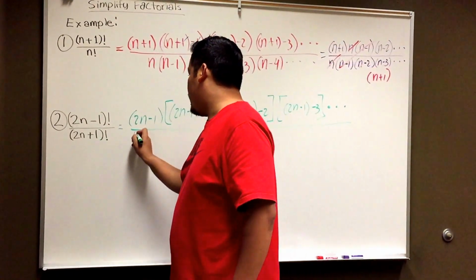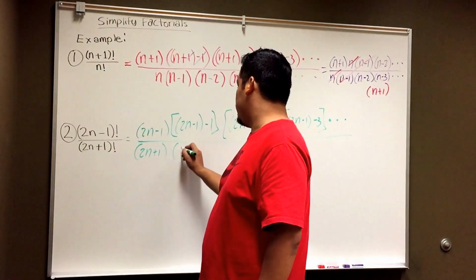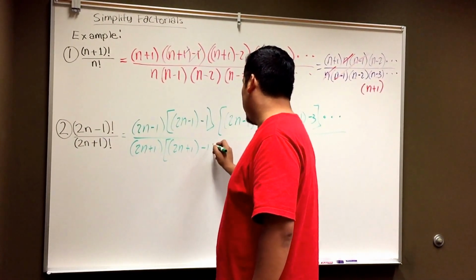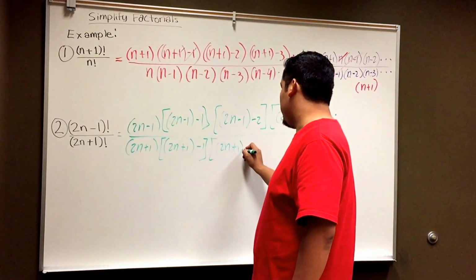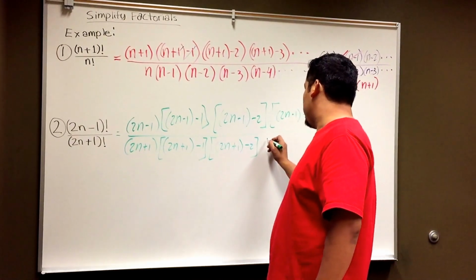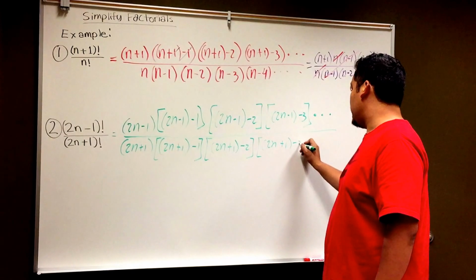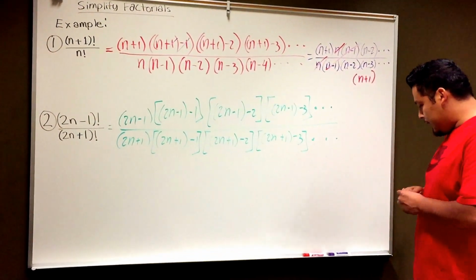So we have 2n plus 1 and 2n plus 1 minus 1, 2n plus 1 minus 2, 2n plus 1 minus 3, and it goes on and on. Now let's look at it in detail.